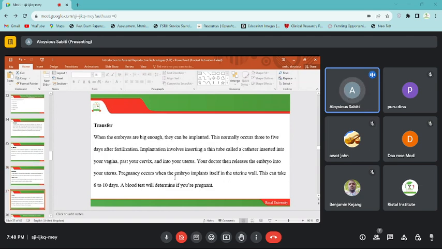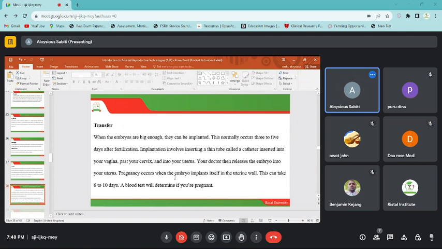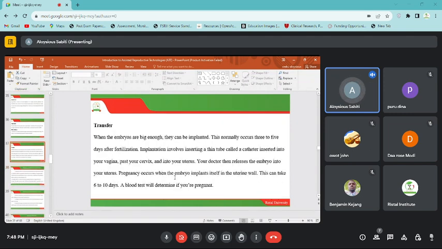Then lastly is what we call the transfer. And when the embryos are big enough, they can be implanted. This normally occurs 3 to 5 days after fertilization. And implantation involves inserting a thin tube called a catheter into your vagina, past your cervix, and into your uterus.